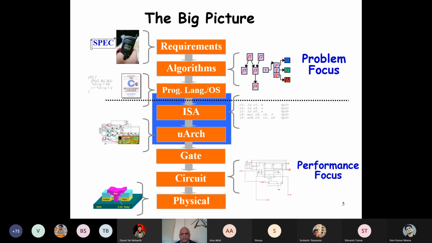So on the hardware side, the main focus is performance. On the software side, the focus is on solving the problem.